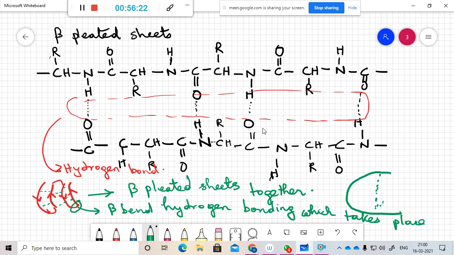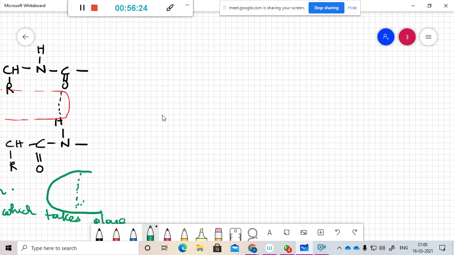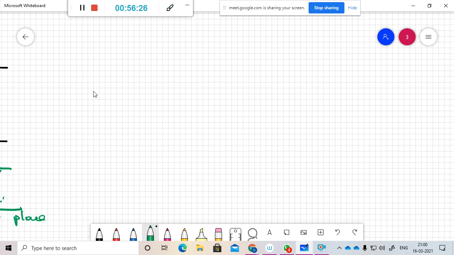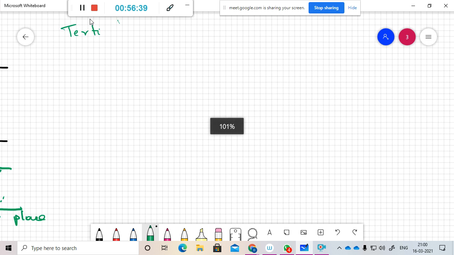Now we go to the next level of protein structure, and that is the tertiary structure.